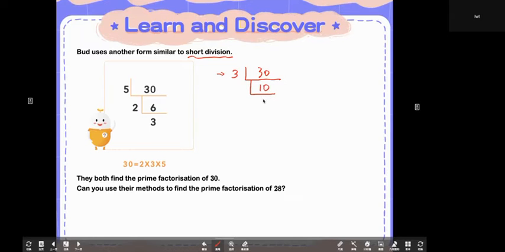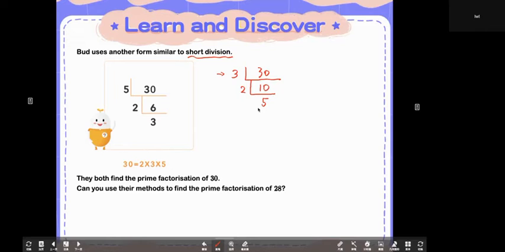Can we stop here, or can we keep dividing by other prime numbers? Of course, we can use 2 to divide 10. We have 5, so we write down 5 here. Can we stop, or can we keep going? Of course, we cannot keep dividing 5, because 5 is already a prime number.